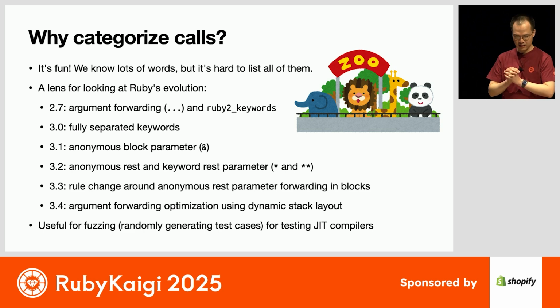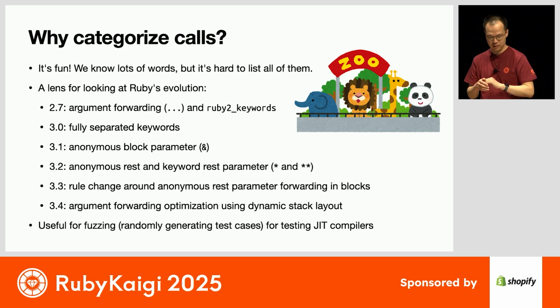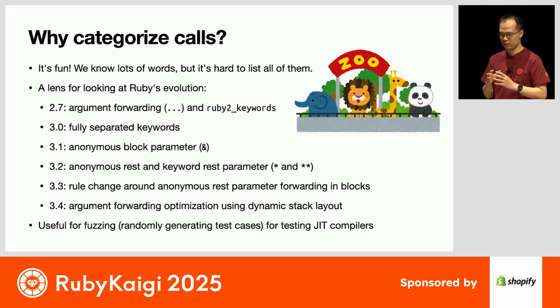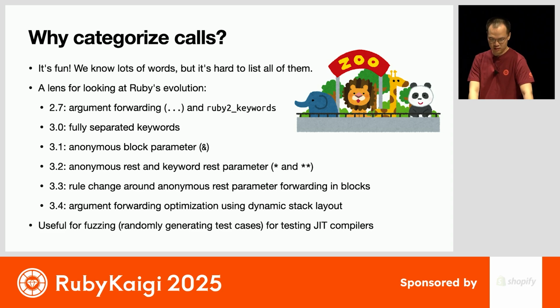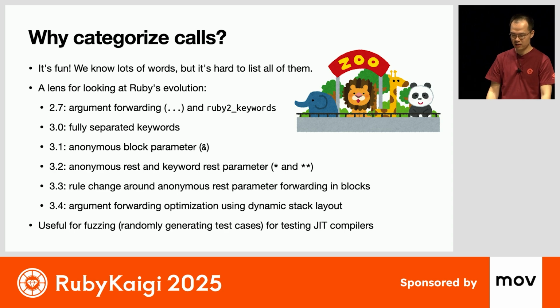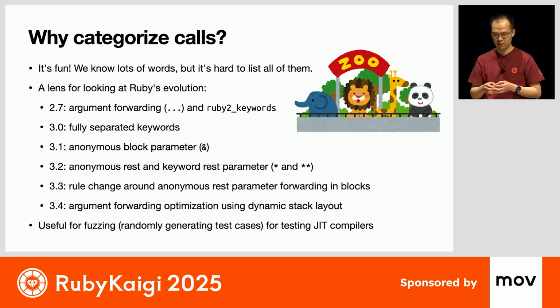I hope that these categories give you a unique view into Ruby semantics that may help you understand language changes or show you corners of the language you didn't know about. For practical development purposes, you can use these to come up with test cases. And both the process of making categories and the categorizations that you come up with in the end will help with finding bugs.